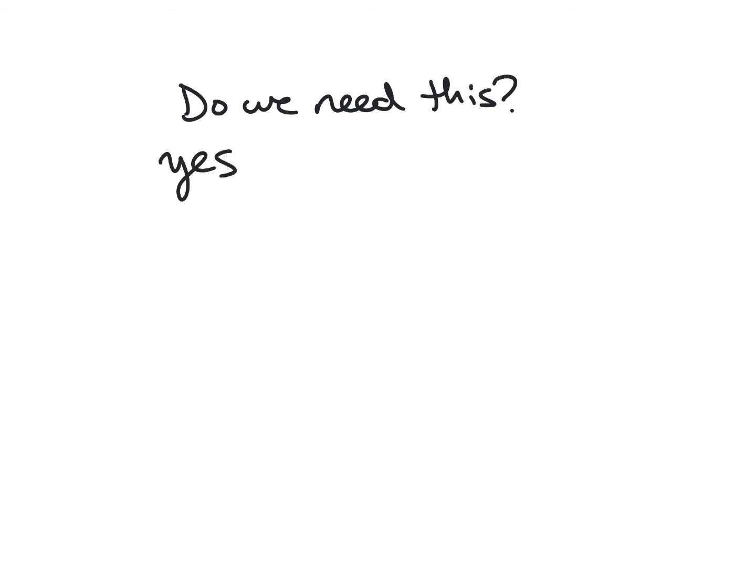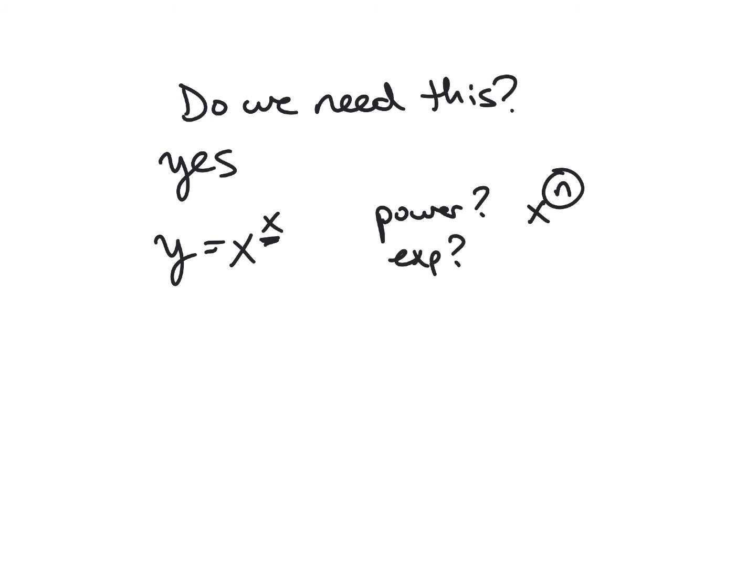So let's think about the function y equals x to the x. So think about our tools thus far. Is this power rule? Well, no, right? Because power rule says it should be x to some constant power, where here this is a changing power. And similarly, it's not exponential, because that would be some base to the x, where the base is a constant.